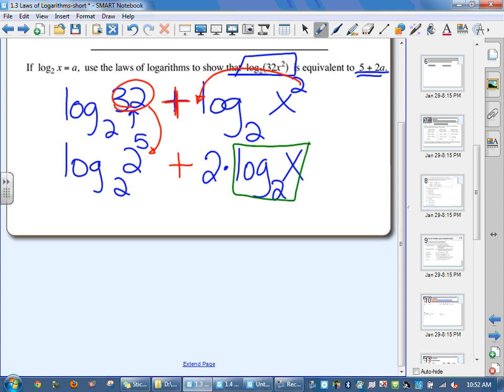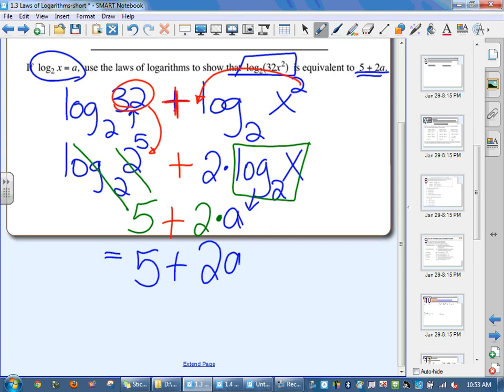So I get a 5 plus 2 times, this is replaced by what they show us here, the letter A. So how do we write 2 times A? It's just 2A. So my final answer would be 5 plus 2A. And that's what they wanted me to prove, that my answer is 5 plus 2A.